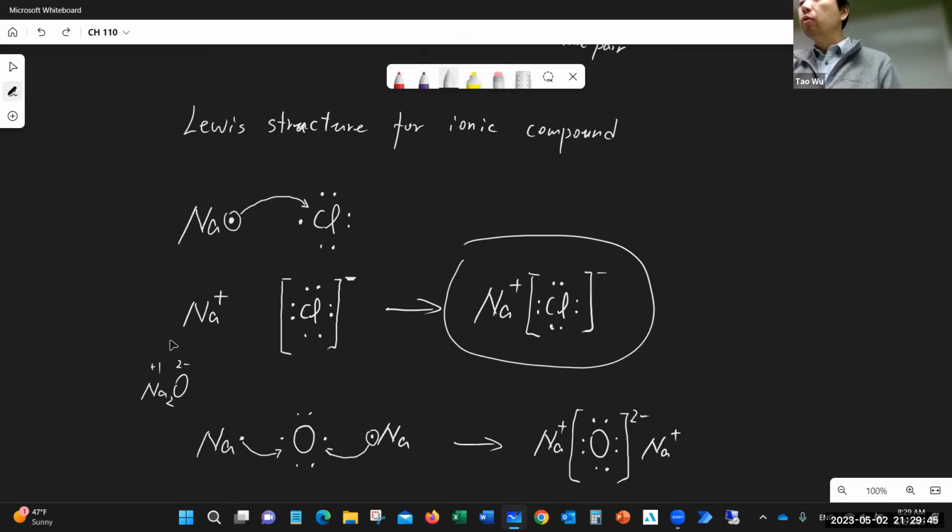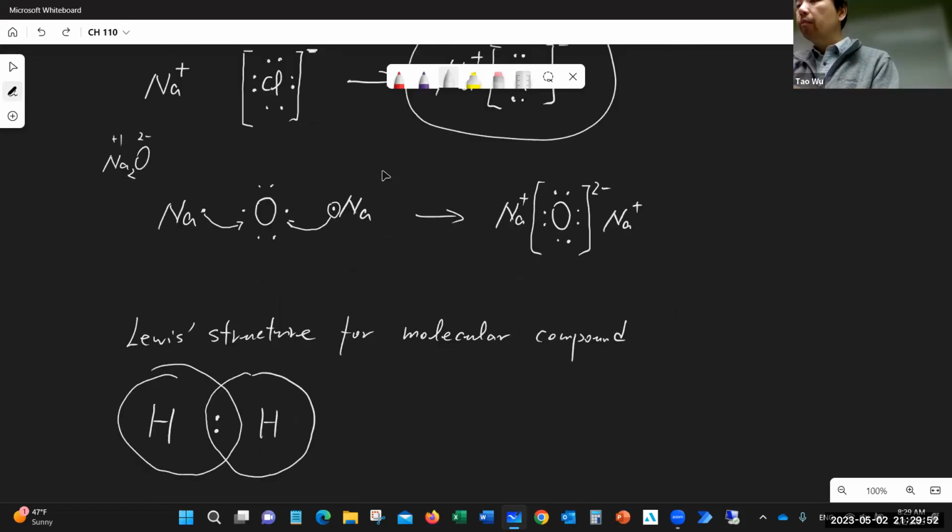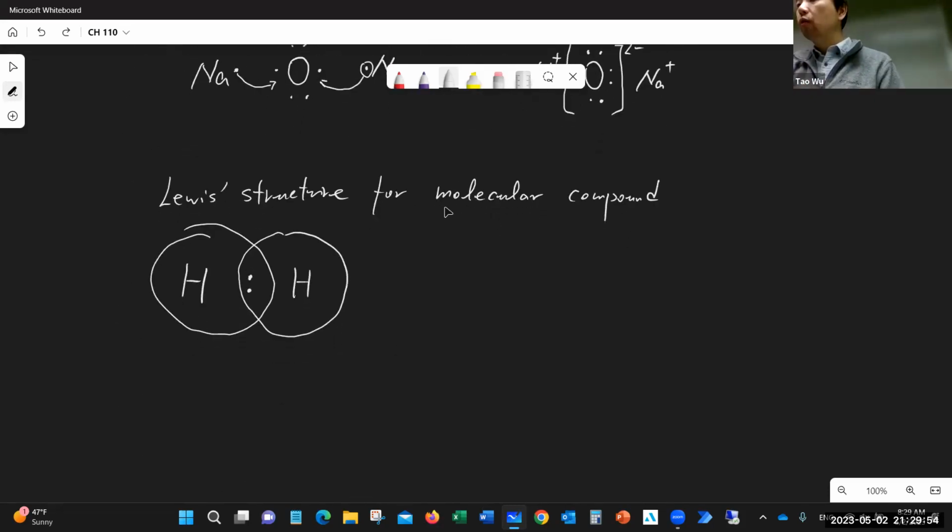Then both of them will have a charge, one positive and one negative. But in the Lewis structure for a molecular compound, none of them have a charge because they are sharing the electrons. The electrons belong to both of them. So none of them have a charge. That is very, very important.